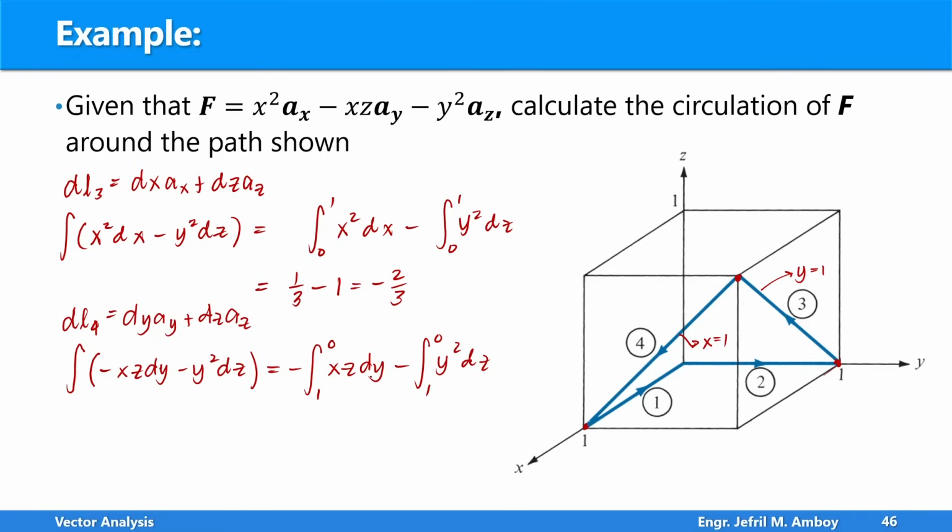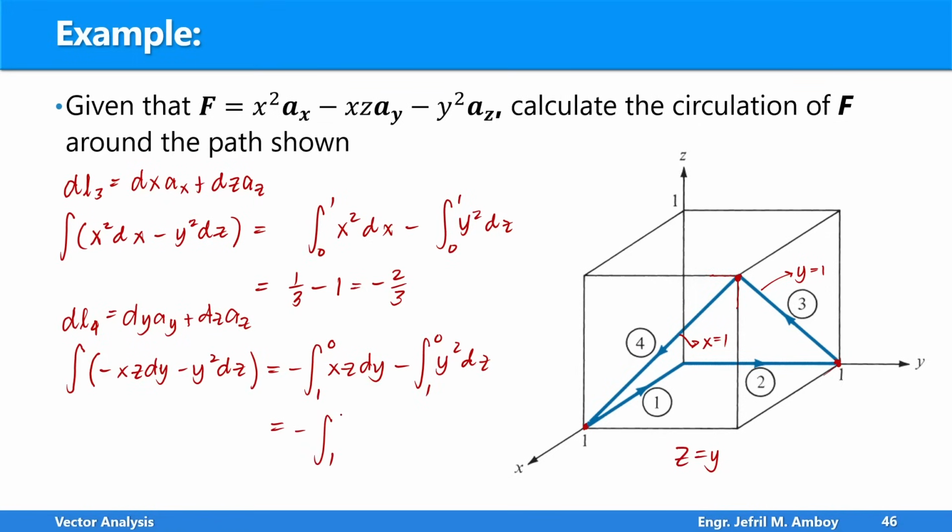So, how do we relate z and y? We need to express z in terms of y. So how do we do that? If you examine here, the change in z is equal to the change in y. So therefore, z must be equal to y. So thus, I can replace this with 1 and this, I can replace it with y.